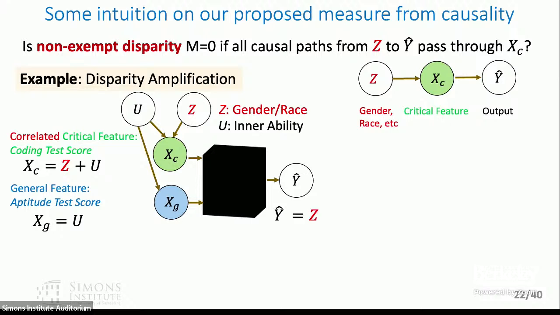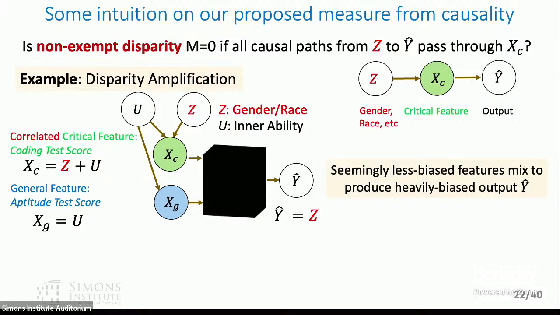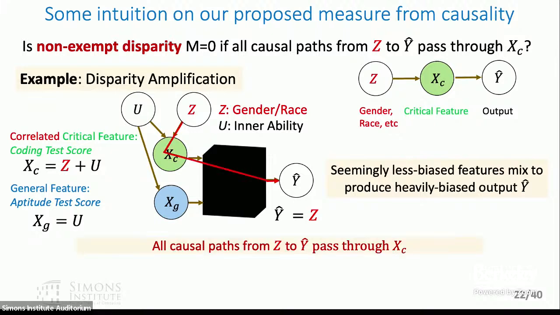It can subtract out U and only begins to base its decisions on Z. So this is a case of disparity amplification where seemingly less biased features are mixing to produce a heavily biased output Y hat, which is equal to Z. And here these causal paths are passing through XC, but this U has a confounding effect, which is causing this problem.